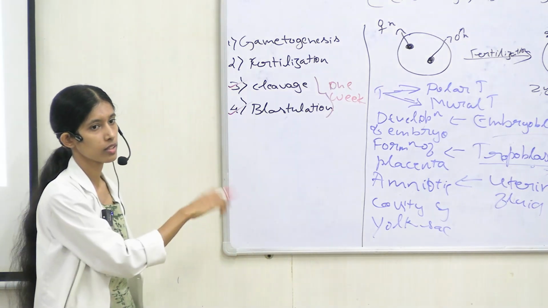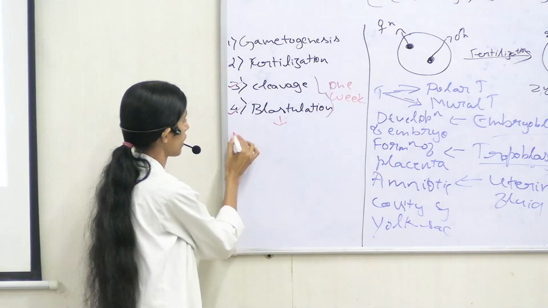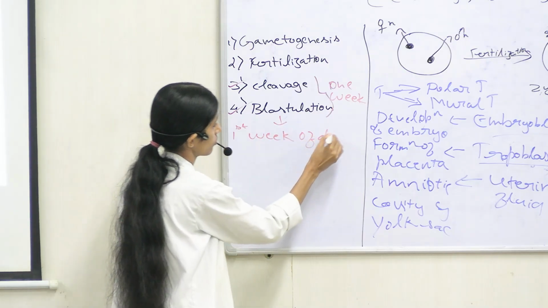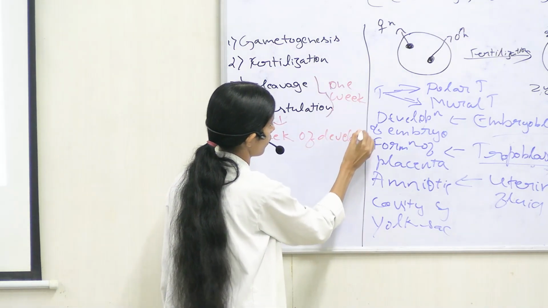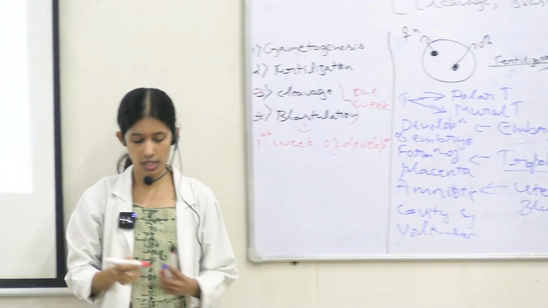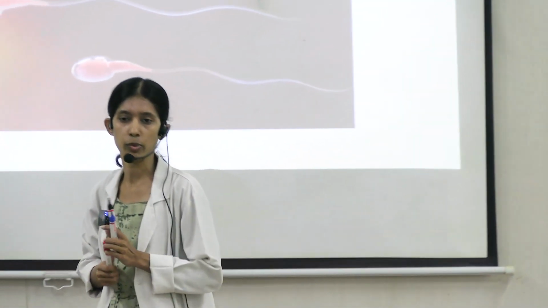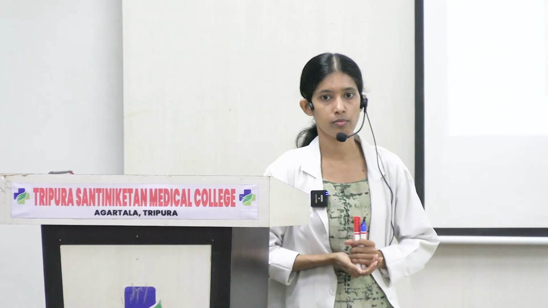So these events are considered the first week of development. If you get a question, discuss the events that take place in the first week of development, you need to mention the cleavage and formation of the blastocyst.